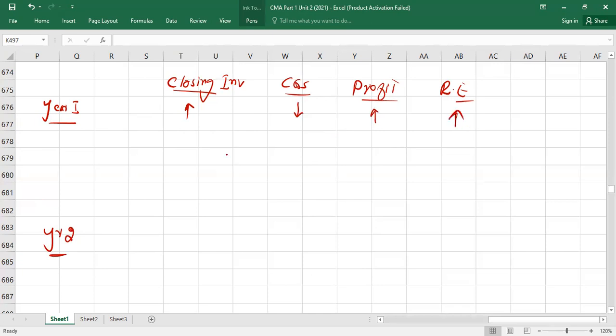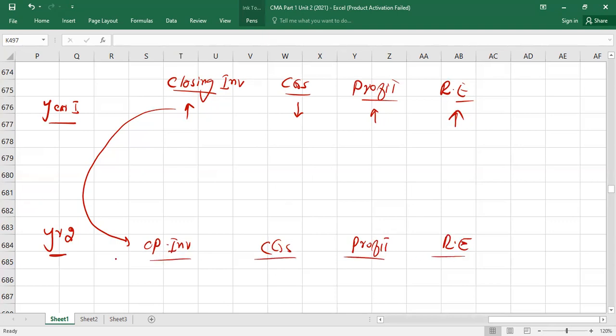Clear? Now this closing inventory will become opening inventory next year. Right? Again, we have the same columns: cost of goods sold, profit, and retained earning.